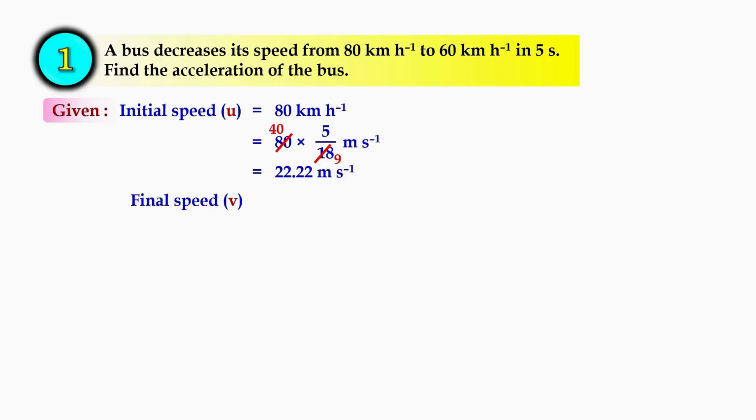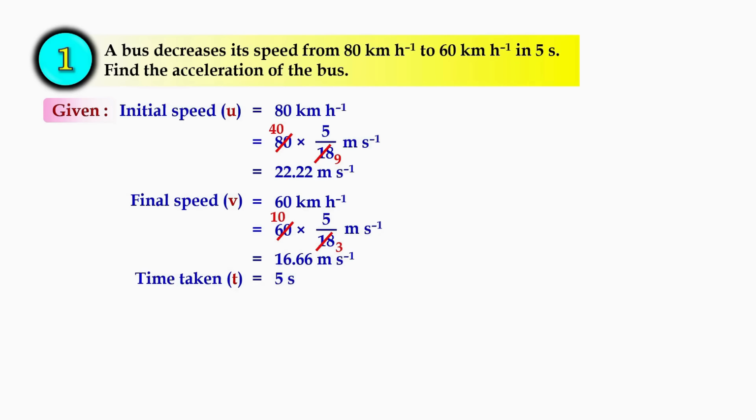Next, the final speed, denoted by V, is 60 kilometers per hour. Converting this into meters per second gives 16.66 meters per second. The time taken, t, is 5 seconds. Now, we use the formula for acceleration.